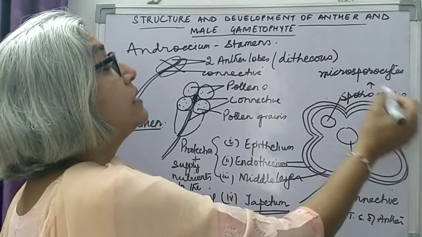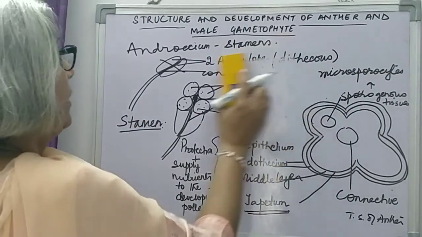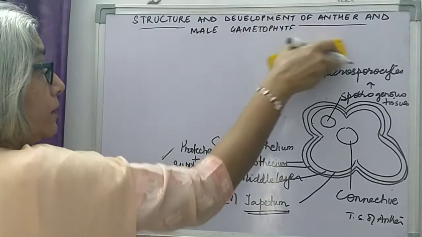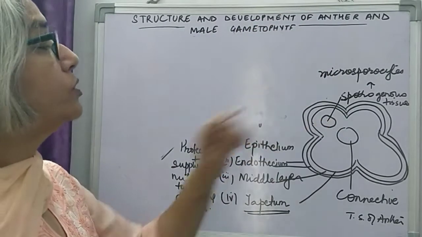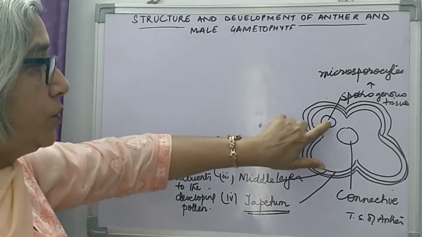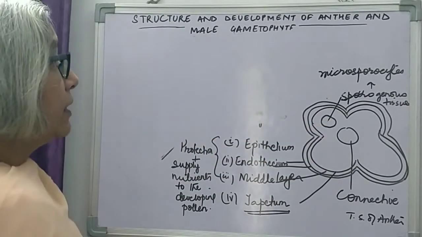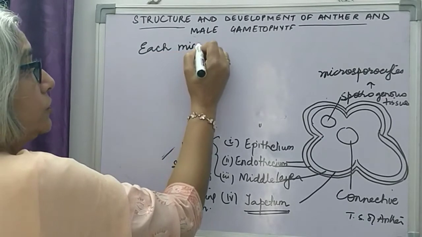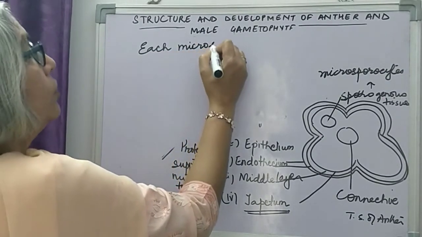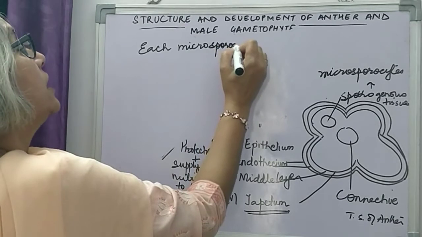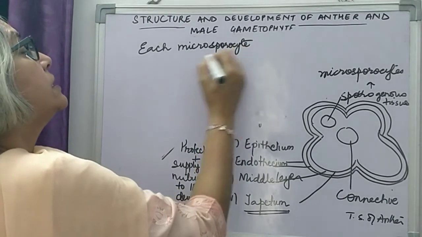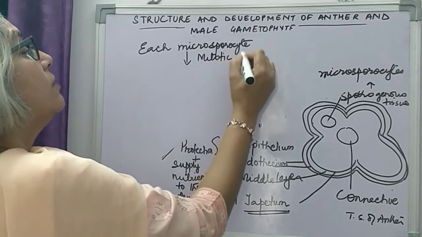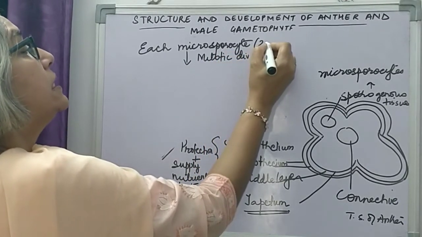Several microsporocytes are present in the sporogenous tissue placed in the center of the pollen sac, and each microsporocyte undergoes several mitotic divisions. See, this is a diploid cell.